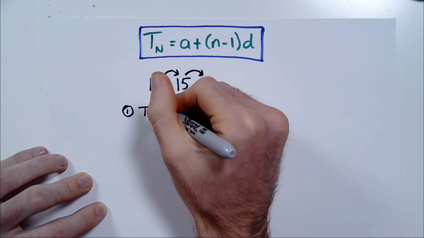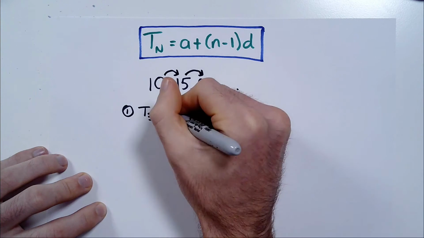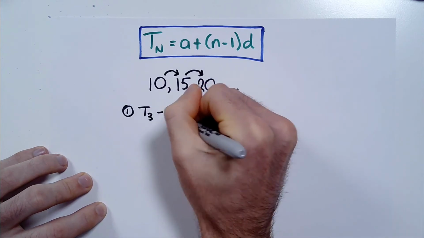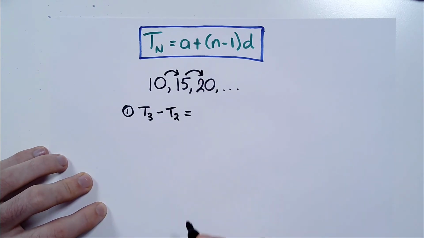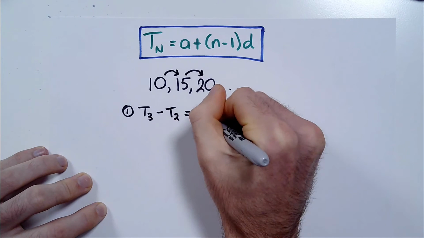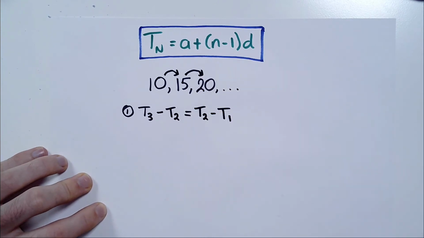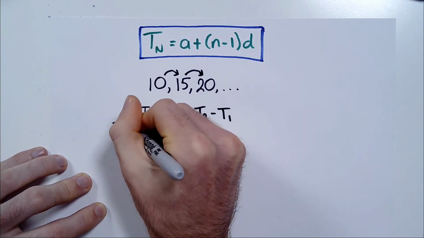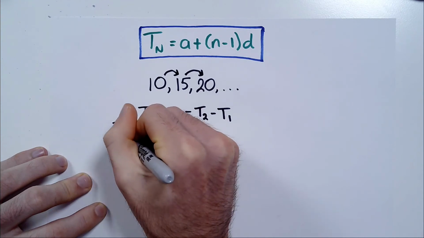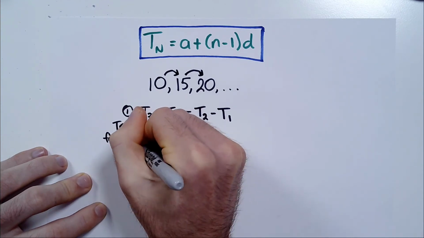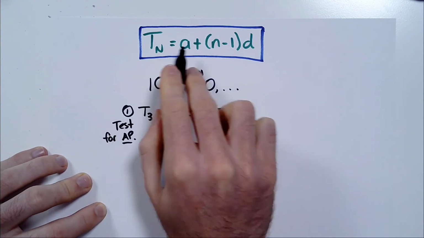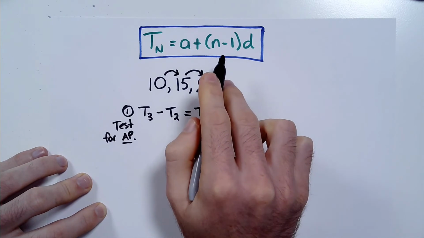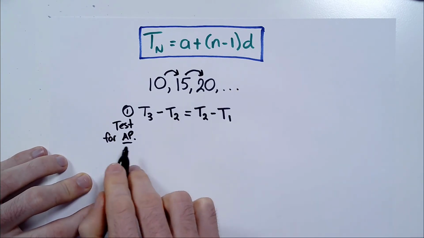So the official test is you get the third term and you minus the second term, and then you see that that is equal to the second term minus the first term. So this is the test for an AP. If you don't have an AP, don't worry about this formula up here to find any term because it's not relevant. So we test for the AP.